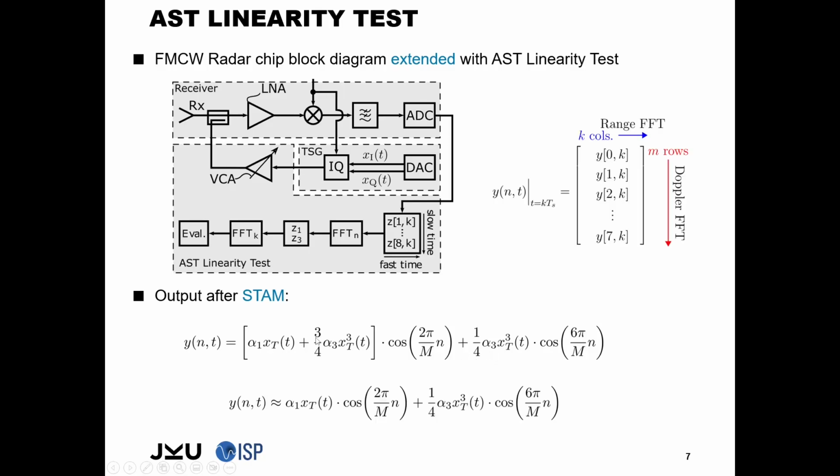We can also simplify this because the 3/4 term is much smaller than the alpha 1 xt term. And now we can insert this signal 8 times and measure it at the output. And then we get this matrix here with 8 signals and k sample values in each column. And we can then do the Doppler FFT and the range FFT.